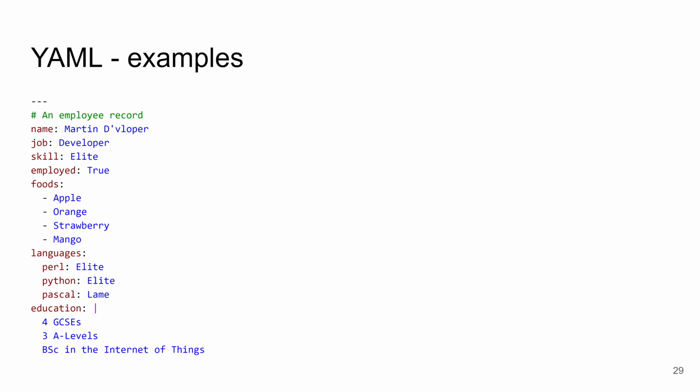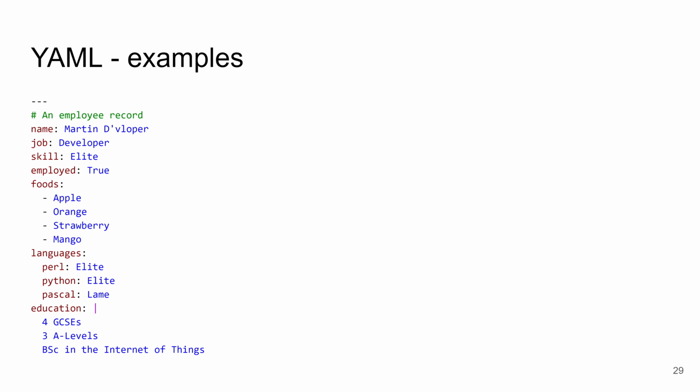So this is everything you need to understand the initial example. Here we have a YAML which starts with a document start, then there is a comment, and then there are key value pairs. So it's a hash. The foods key maps to a sequence of fruits.